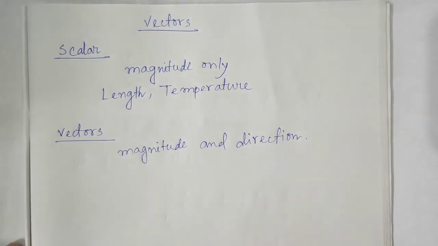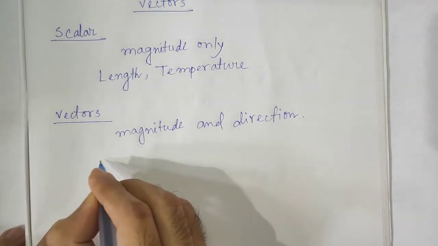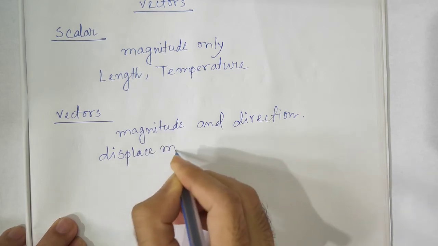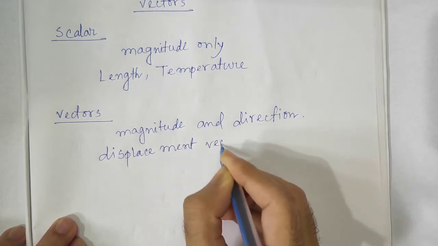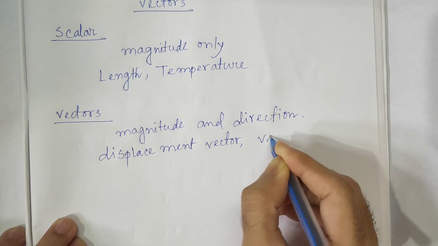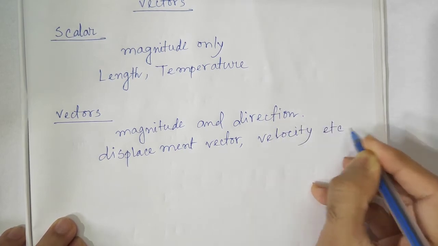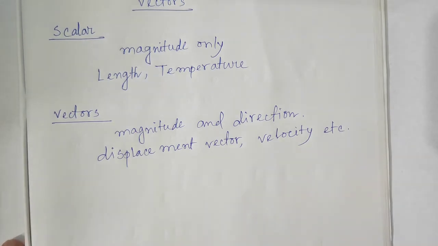Okay, so now here are some simple examples of vectors, that is the displacement vector, then velocity, etc. Okay, so these are some vectors.